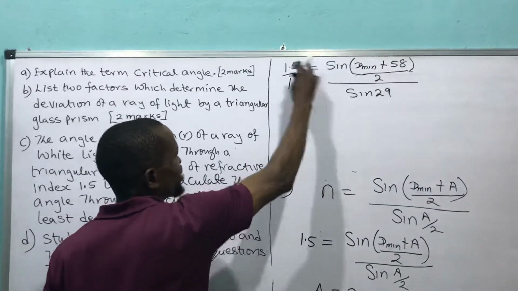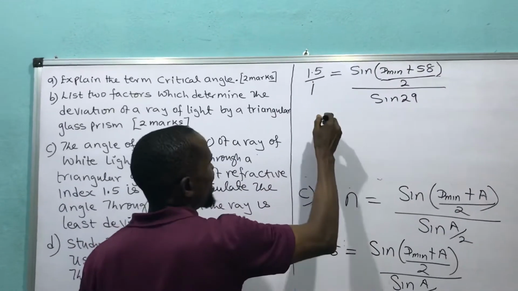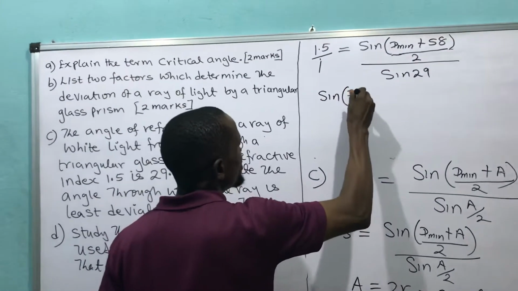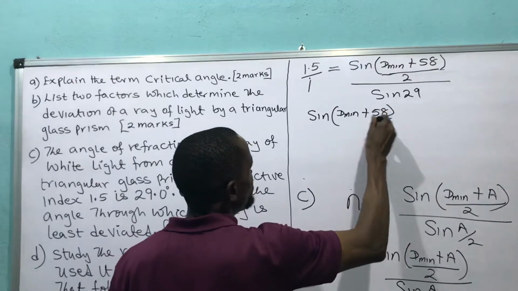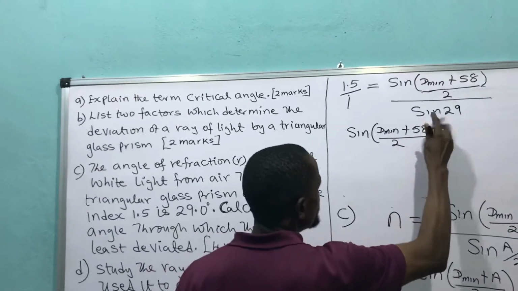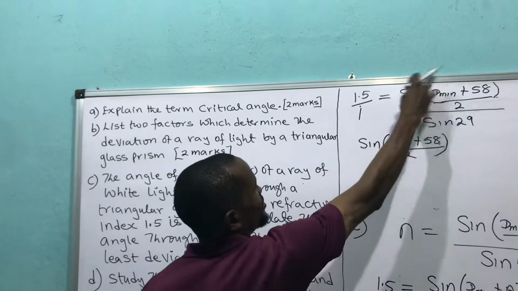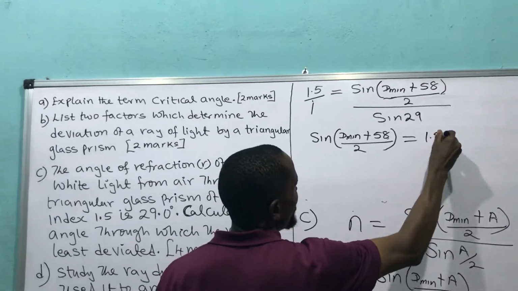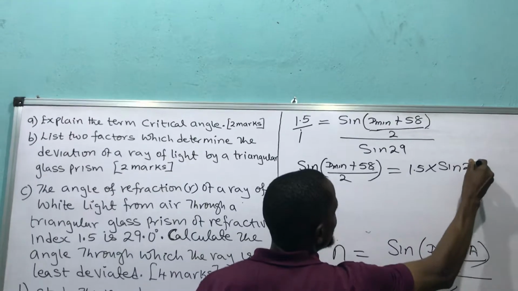Right now this is a fraction, this is a fraction. This one over here, this one over here. I will have sine of (dim plus 58 divided by 2), because 1 times all of this will give me this, is equals to 1.5 times sine of 29.